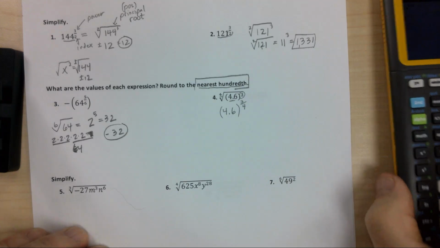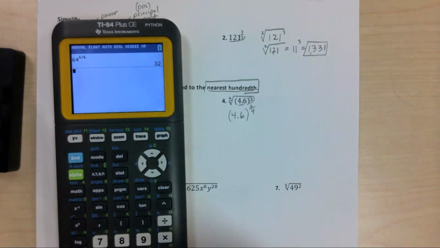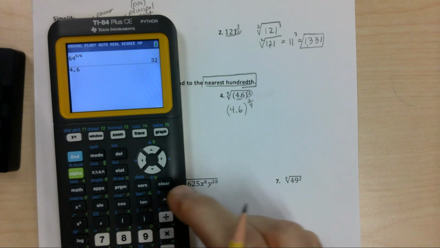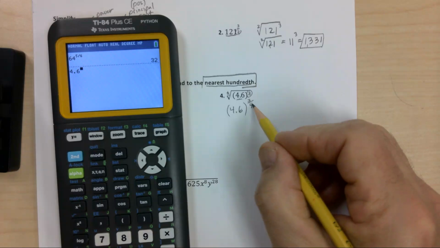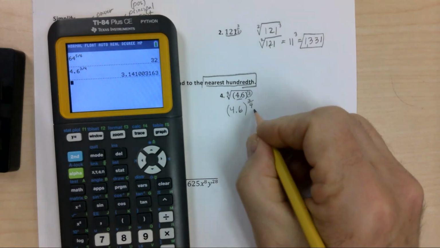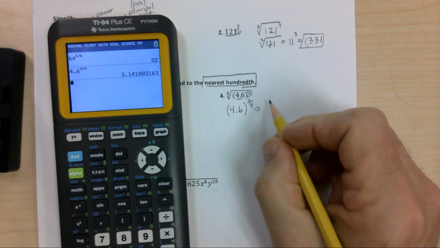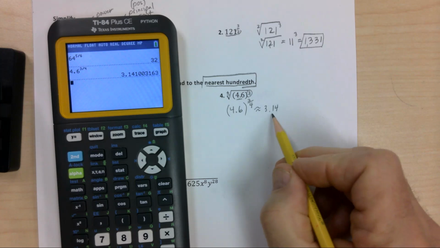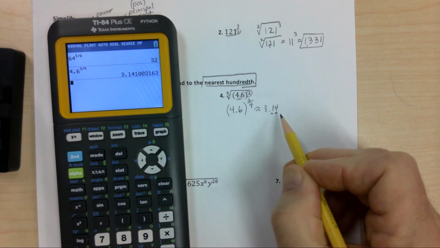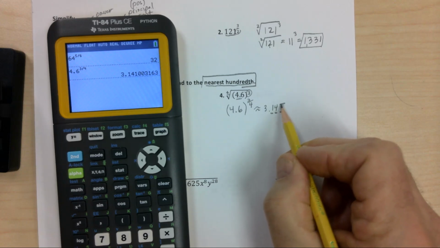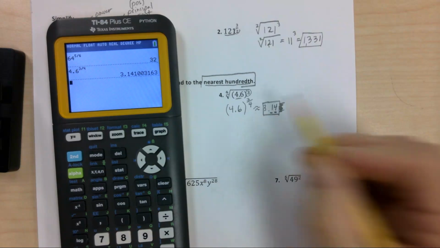You got to know where that stuff goes, and now we've got a calculator required problem. 4.6 raised, I could put 0.75, but I'm going to stick with 3 divided by 4 power and make little squiggly lines to the hundredth. 3.14. That's the 10th, that's the 100th. This would be the 1,000th position, and that's not going to round up, so that's useless.